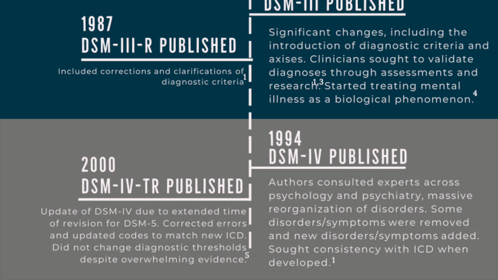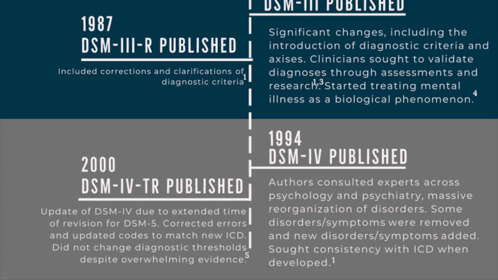Authors here talked with a wide range of experts, and this is the model we use now, in terms of giant committees and subcommittees. There's a great big organizational structure that ultimately writes the DSM and brings in input. So if you're an expert in autism, then it's likely that you'll contribute to that particular section of the DSM.